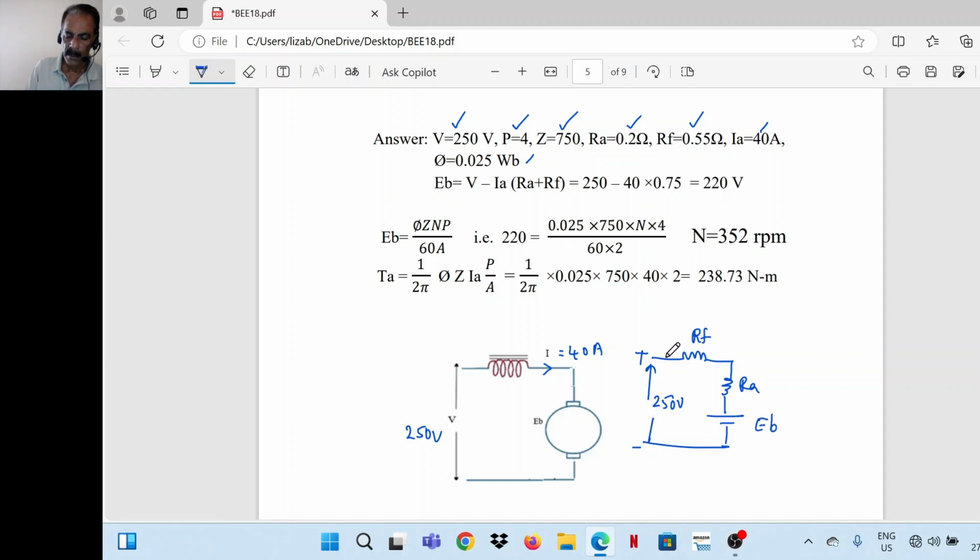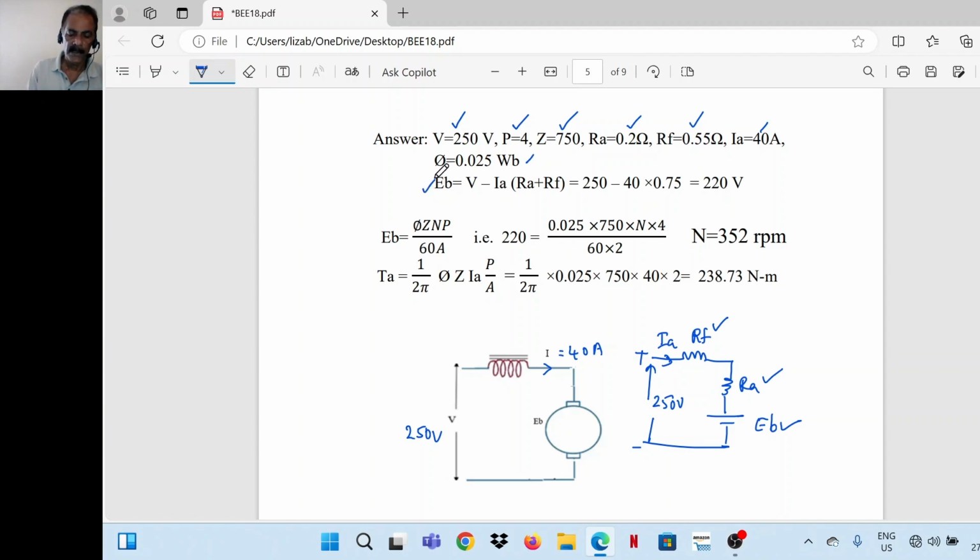So this is I or IF or IA, let's take it as IA. So this EB is equal to applied voltage minus voltage drop across the field winding and voltage drop across the armature resistance. Both the parameters are to be considered here.